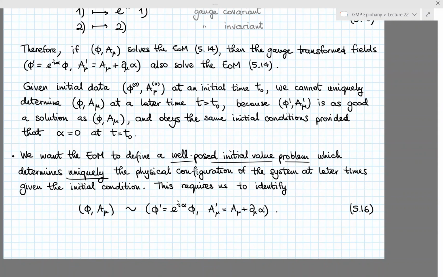And the consequence of this is that physically observable quantities must be gauge invariant.